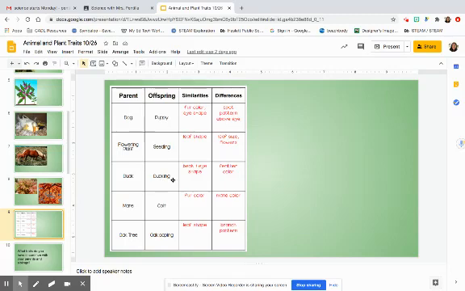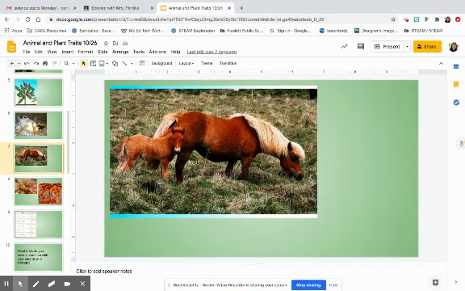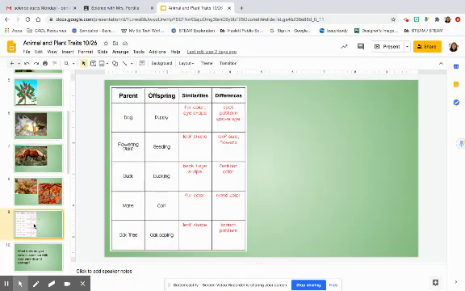Our ducklings had similar beak and eye shapes, but their feather colors were different. The mare, I saw the fur color is similar, and the colt, but then on the differences, the mane color. You notice this one has a reddish colored mane, this one has a blonder colored mane.